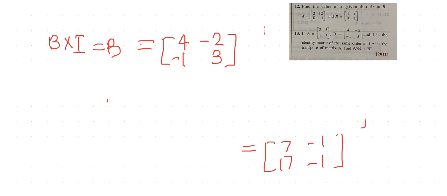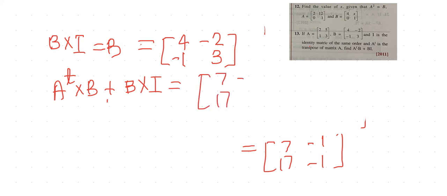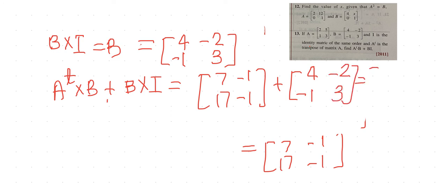So what you will be writing, transpose of A multiplied by B plus B into I will be equal to 7, 17, minus 1, minus 1 plus 4, minus 1, minus 2 and 3. So when you add them up, how much are you getting, children? 7 plus 4 is 11, minus 1 minus 2 is minus 3, 17 minus 1 is 16, minus 1 plus 3 is 2. So 11, 16, minus 3 and 2. So this is the thing.